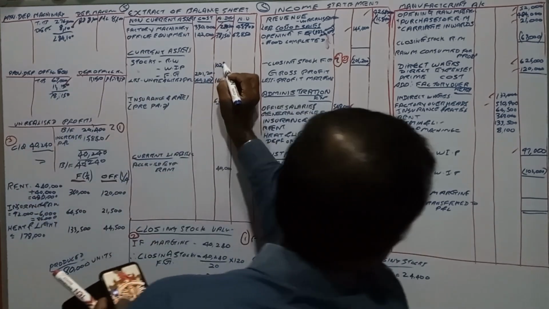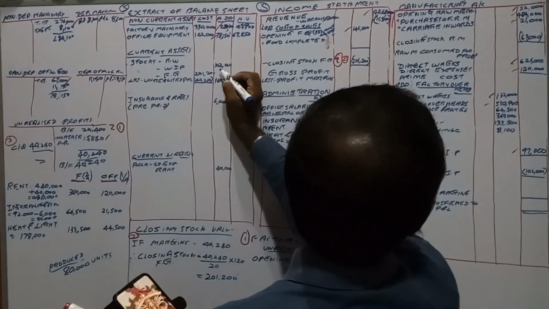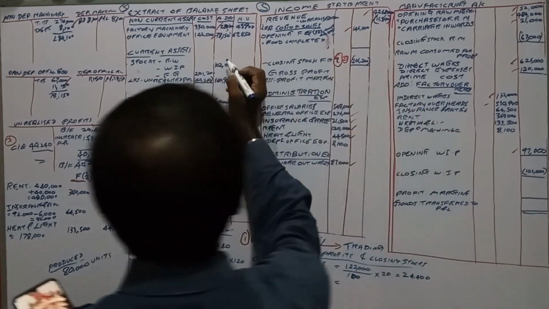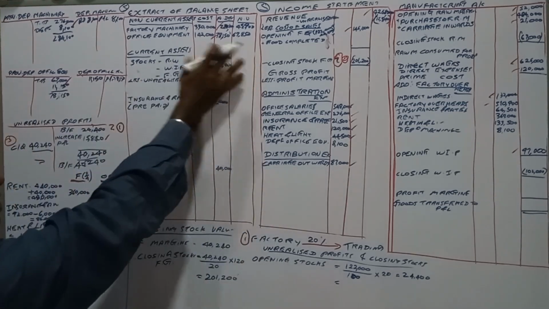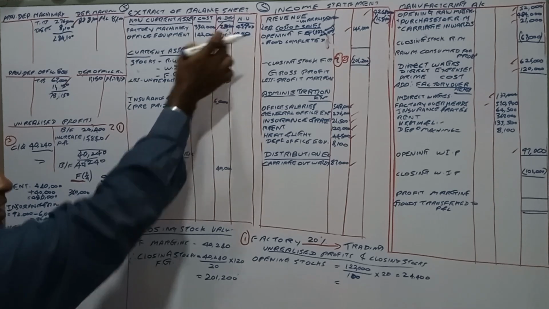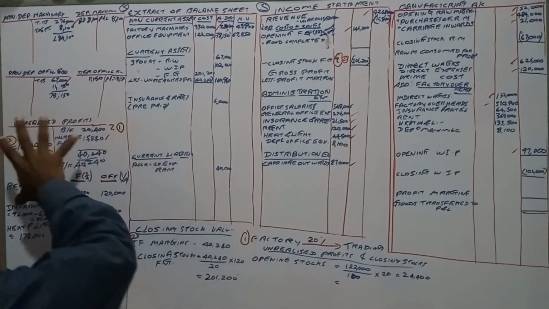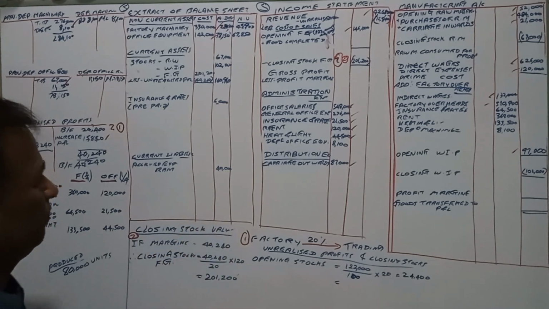Closing raw material 67,000. This amount will not have a portion of unrealized profit because that is also at cost. Understood. So this is the way of calculation, and I have given all the workings for you.